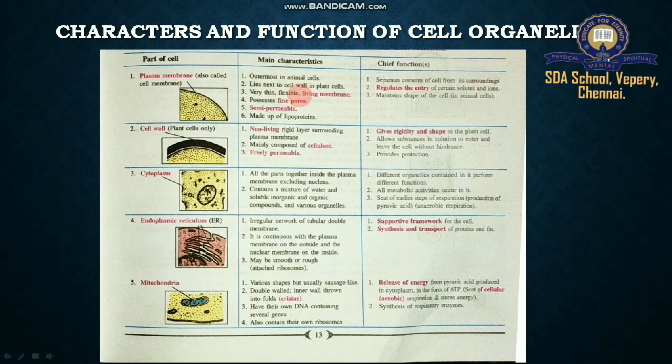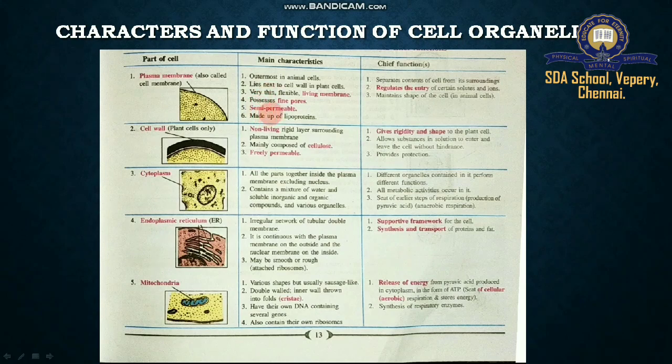It is a very thin, flexible, living membrane. Very important: the cell wall is a non-living membrane, because we learned already about non-living and living. So it is a very thin, flexible, living membrane, and it possesses fine pores, small holes in the cell membrane. It is semi-permeable. What is semi-permeable? The membrane does not allow all the solutes to pass inside and outside, but selects and allows some inside.